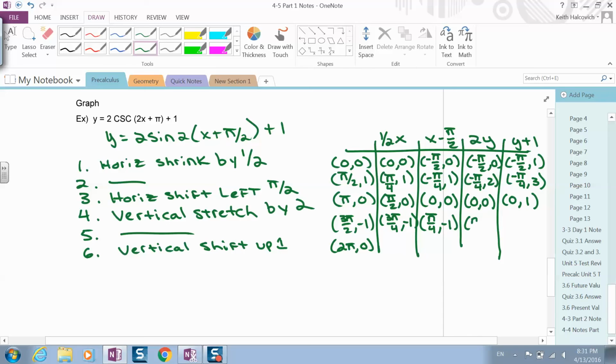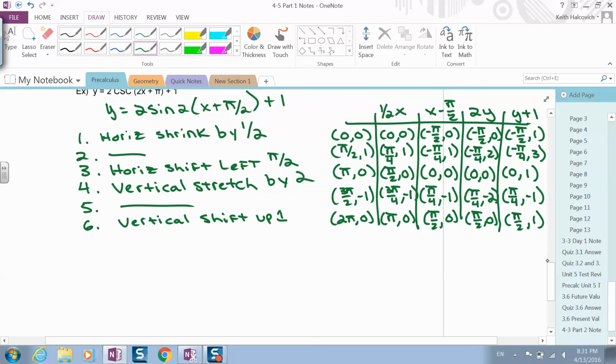The y times 2 gives you negative 2, plus 1 gives you negative 1. Half of 2 pi is pi, minus pi over 2 gives you pi over 2. The y times 0 is 0, and then plus 1 is 1.